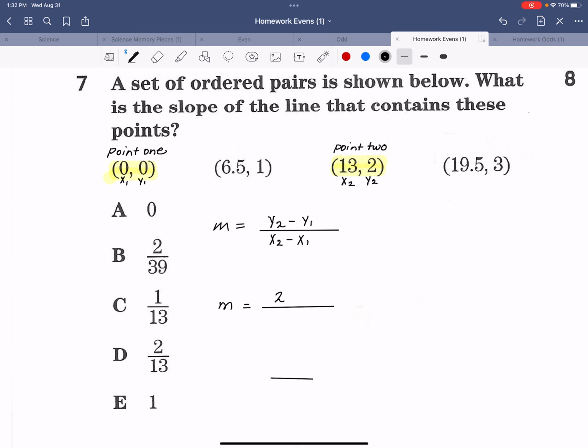So we have 2 minus 0 and 13 minus 0. So slope is 2 over 13, and that does not simplify. So I like answer D on that one. Again, you could pick any 2 points. It will not matter.